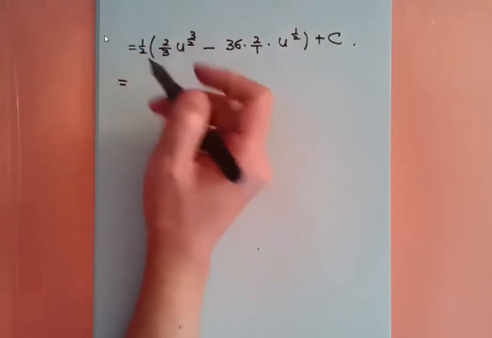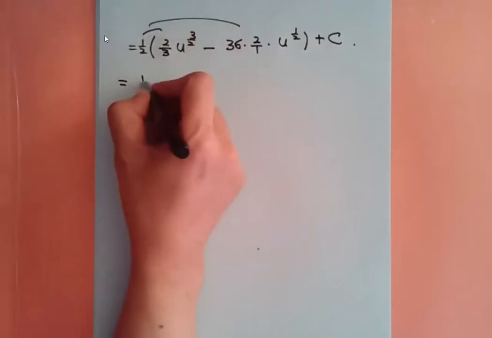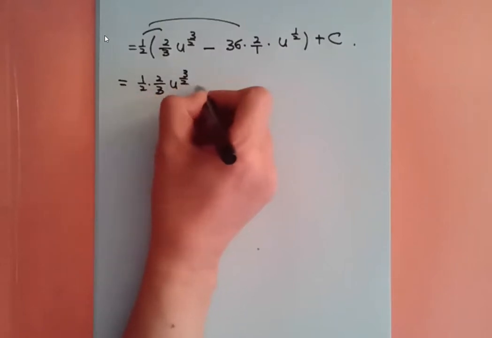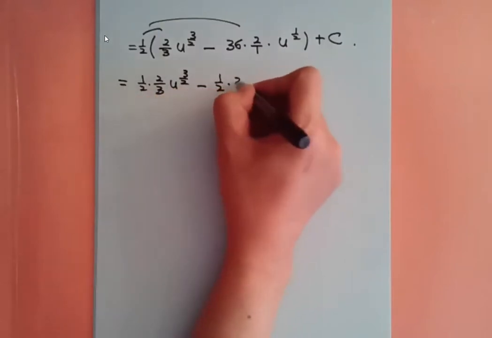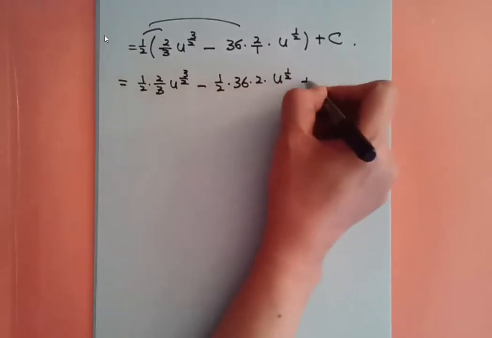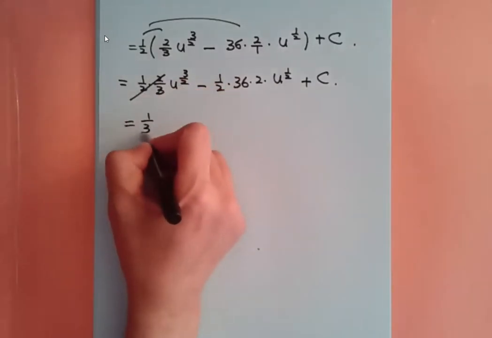So let's just do distribution. Then that is 1 over 2 times 2 over 3 u to the 3 over 2 minus 1 over 2 times 36 times 2 times u to the 1/2 plus c. So those will cancel each other, and we have 1 over 3.